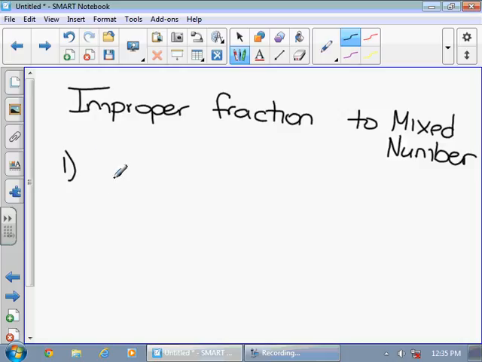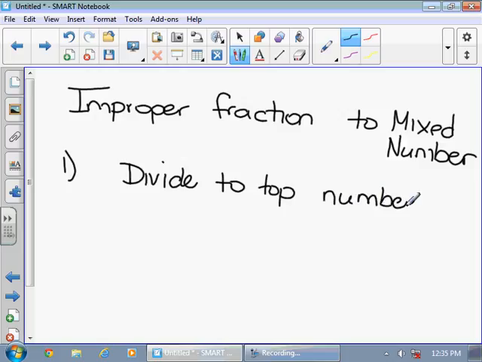First step you need to do, you need to divide the top number by the bottom number.